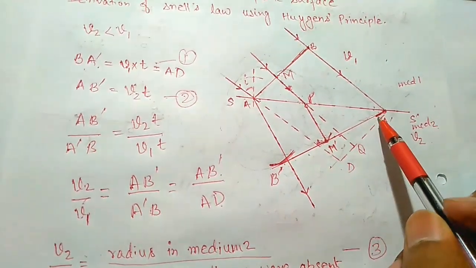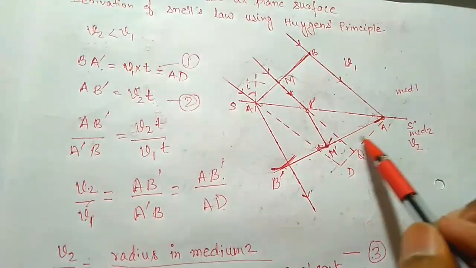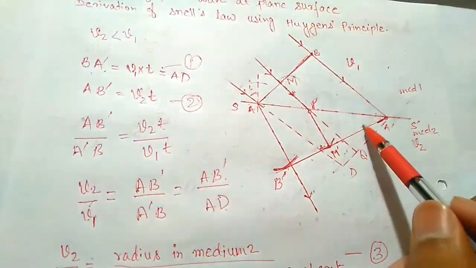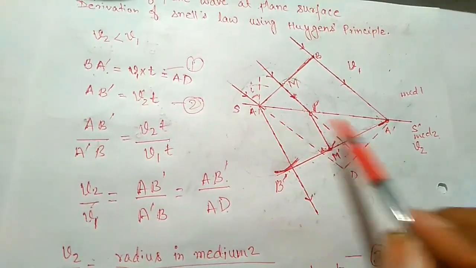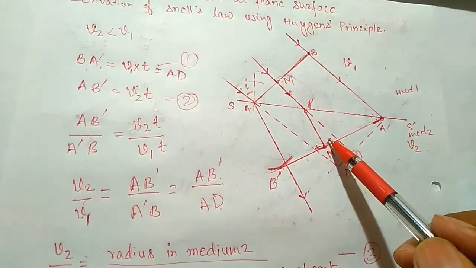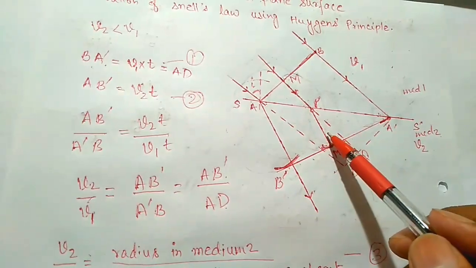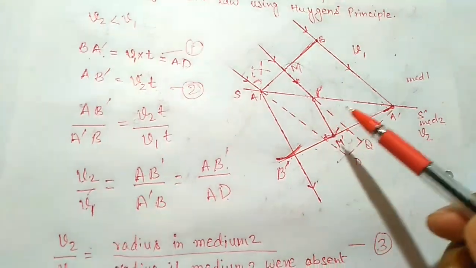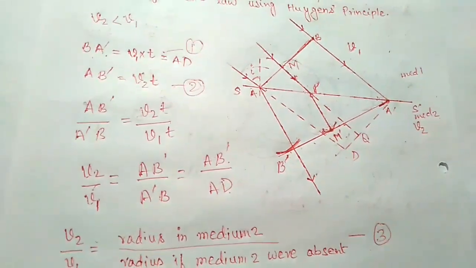So we can say that this small triangle P A dash M dash and the bigger triangle A dash B dash are similar. Using the similar triangle property, the ratio of two corresponding sides will be the same. So let's draw that.